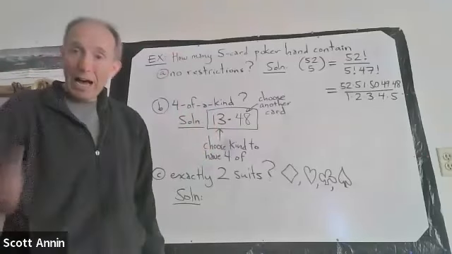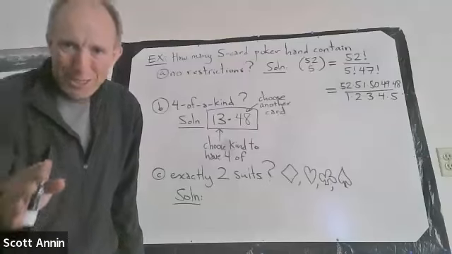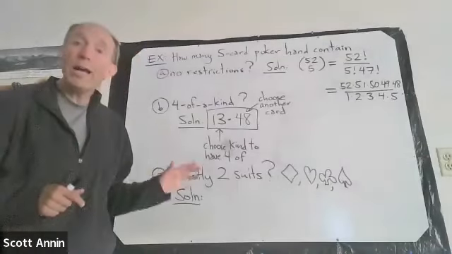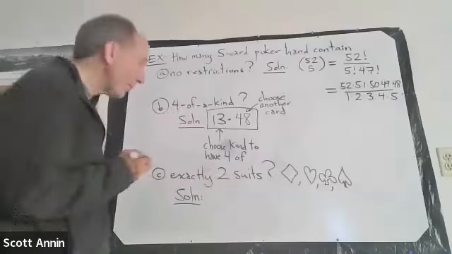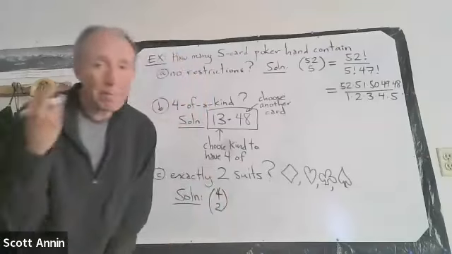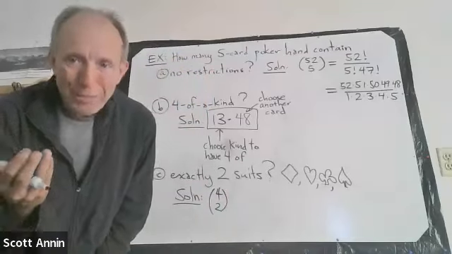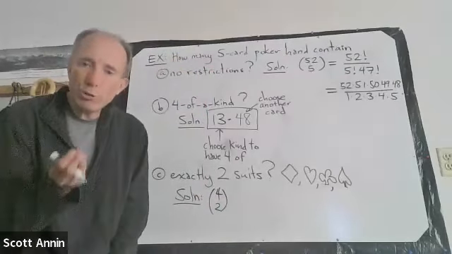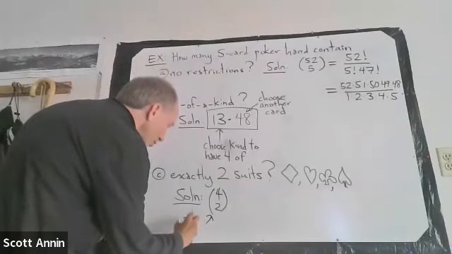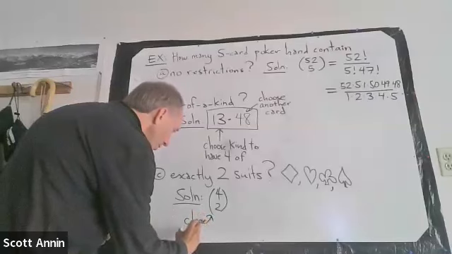I think the way to tackle this problem is to first choose, and because we're talking about poker hands, they are not ordered, just choose the 2 suits that you actually are going to work with. So this is choose the suits.